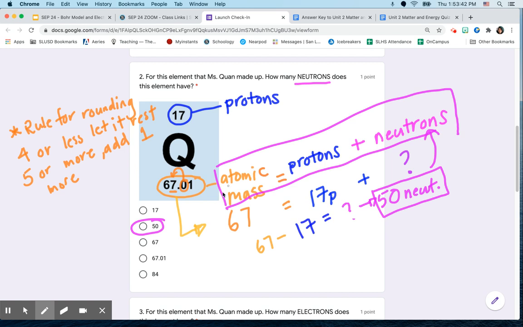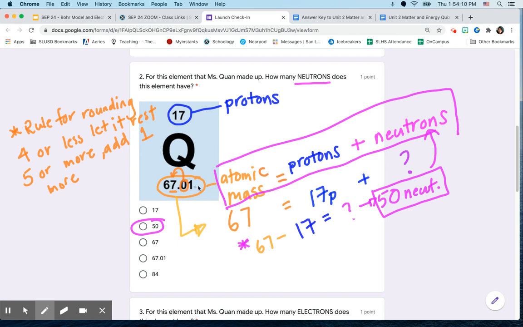So in your notes, I would add this, circling the bottom number, that the bottom number represents atomic mass, and that equals two things, protons plus neutrons. And to solve for the neutrons, you would need to subtract my atomic mass number minus the number of protons.